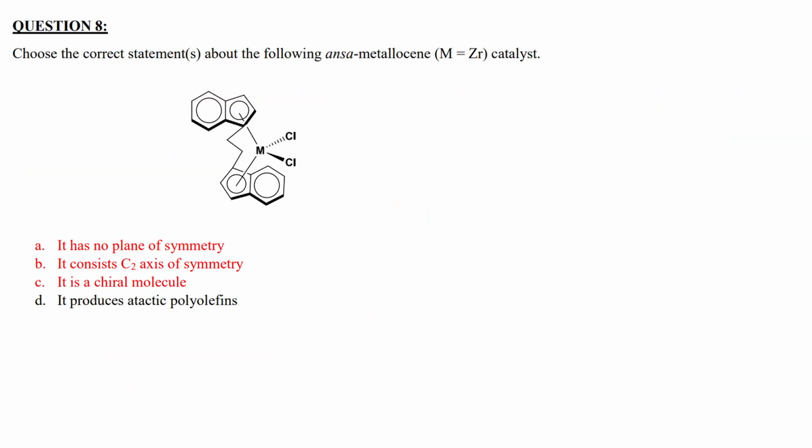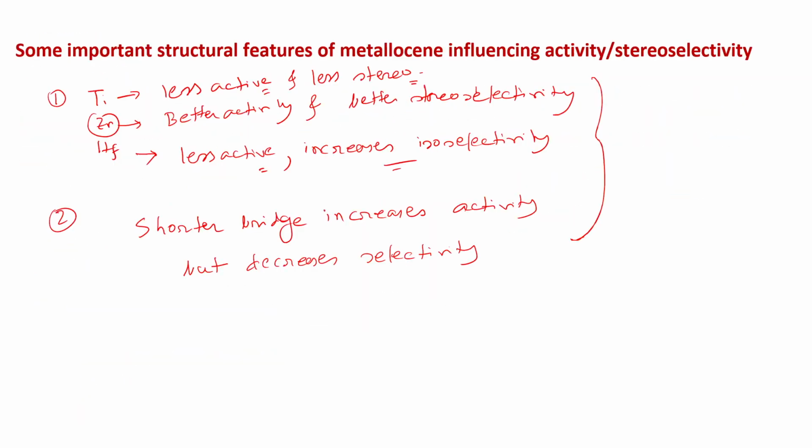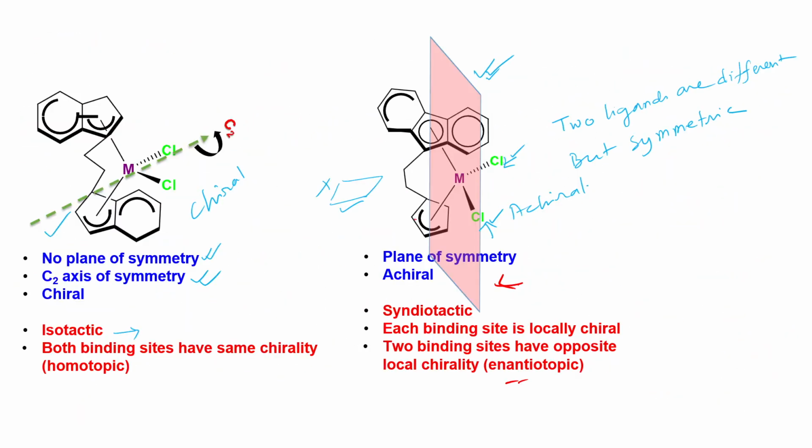Now for this, the correct statement they are asking. Here you are seeing that there is no plane of symmetry, because this point is pointing here and this is pointing over here. Sigma plane is not present. Obviously a C2 axis is there in this way, I think. So let's go back. In this way the C2 axis would be present.